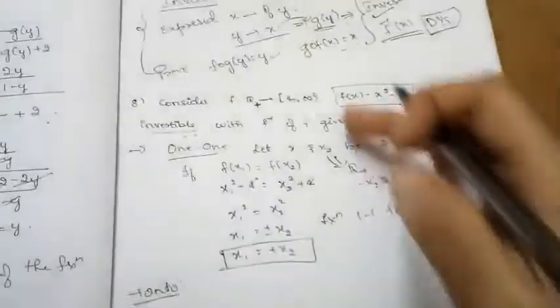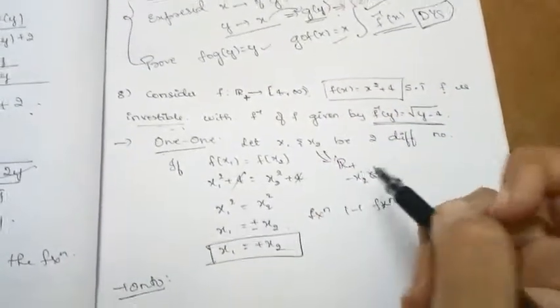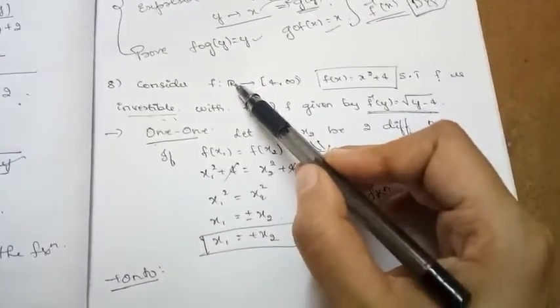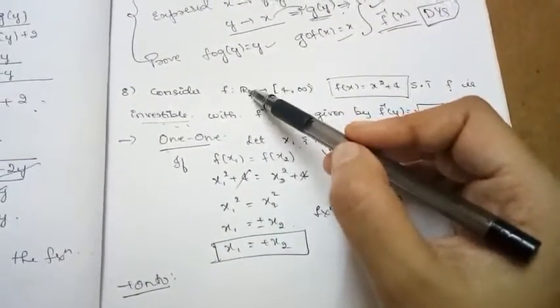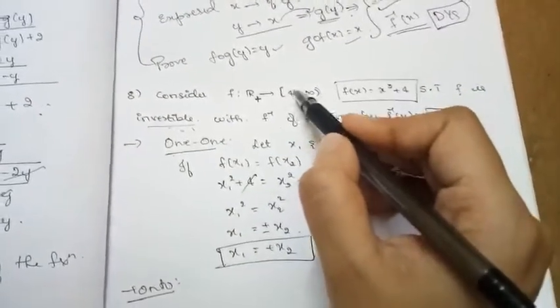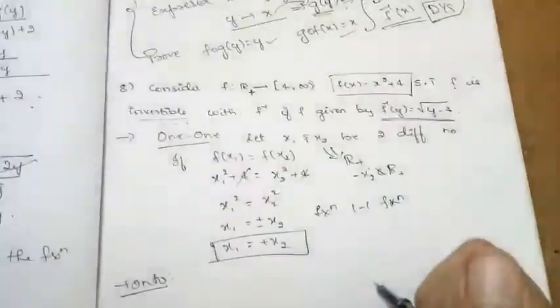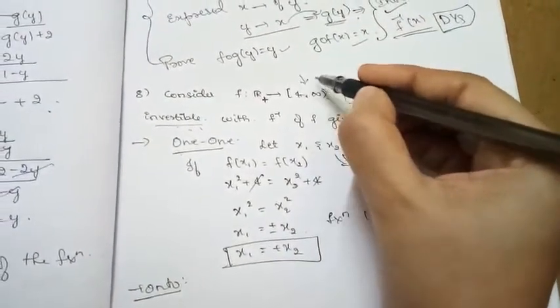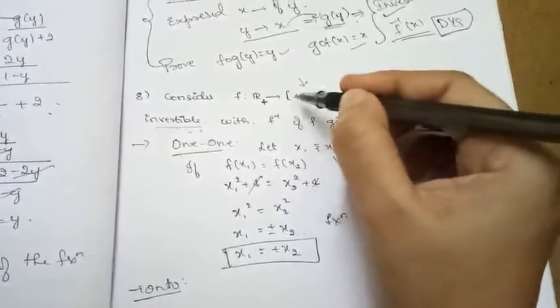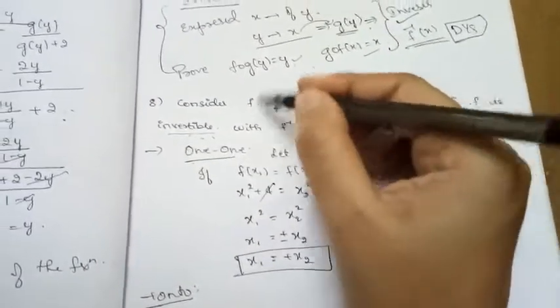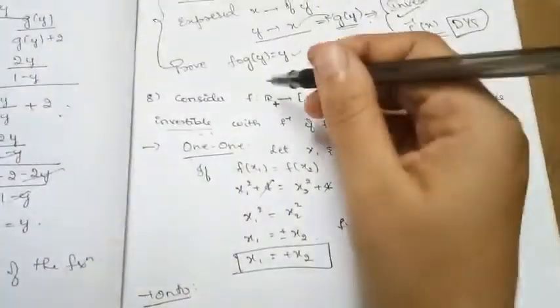From 4, it consists of all the real numbers up to plus infinity. So whatever elements belong to this codomain, all those elements are the image of one or the other element present in the domain. So it is an onto function.